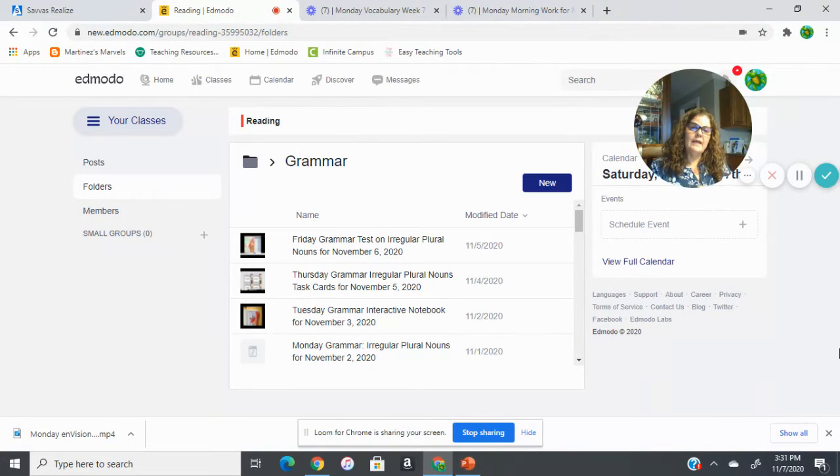You have nouns, next page verbs, the next page adjectives, the next page adverbs, the next page nouns, the next page regular plural nouns, and then irregular plural nouns. After the irregular plural nouns, we're going to turn to a new page.